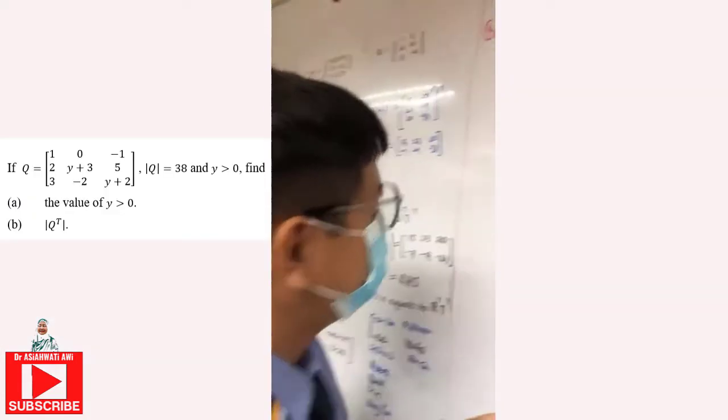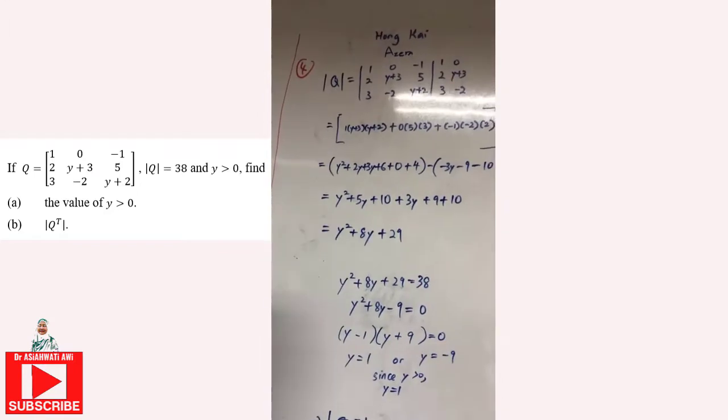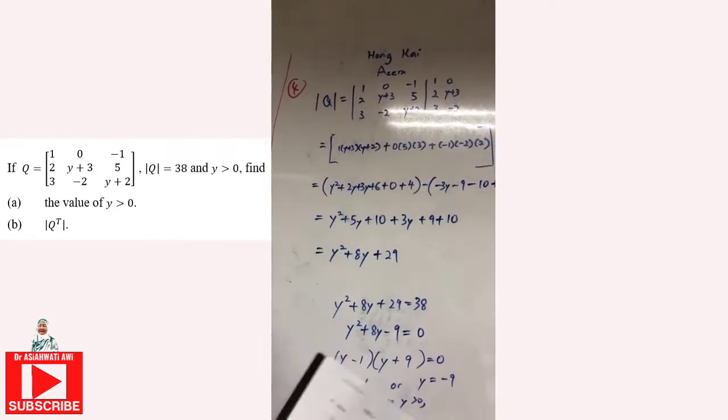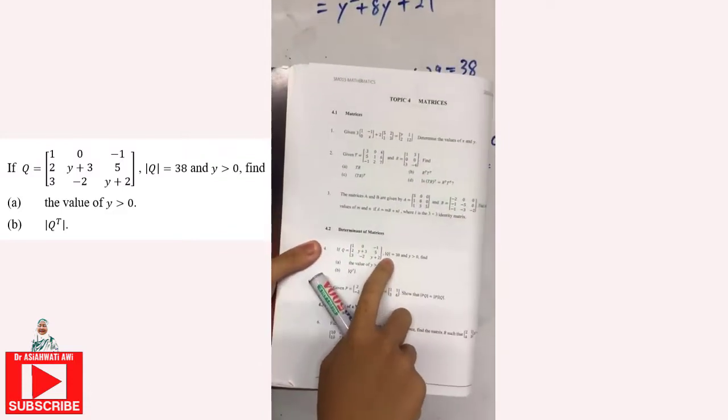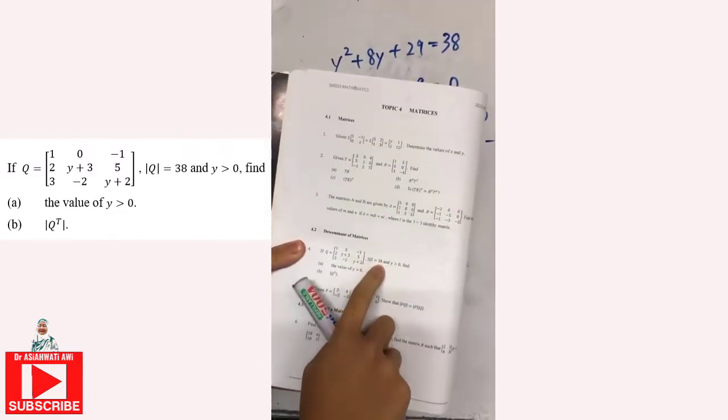So question number 4, the question gives the matrix Q equal to this, and also the determinant of matrix Q is equal to 38.